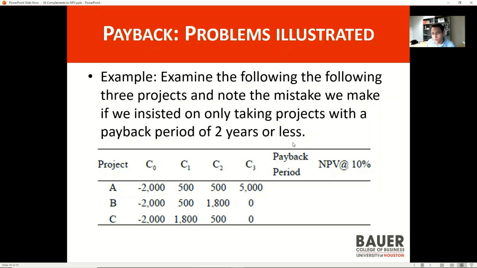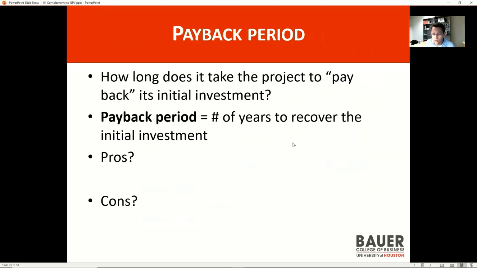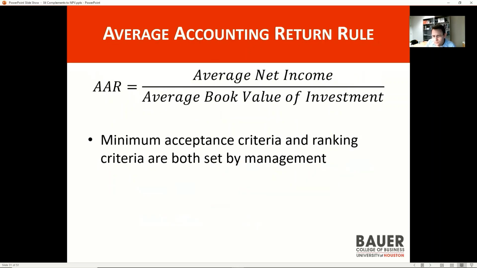And so that would be the more sophisticated reason why you'd want to use the payback period. That, I think, in the spirit of this lecture, that's the best reason to use payback period, because NPV is gonna not do a great job if you can't just raise money every time you need it. Payback period is going to help you a bit there. The next measure is called the average accounting return rule.